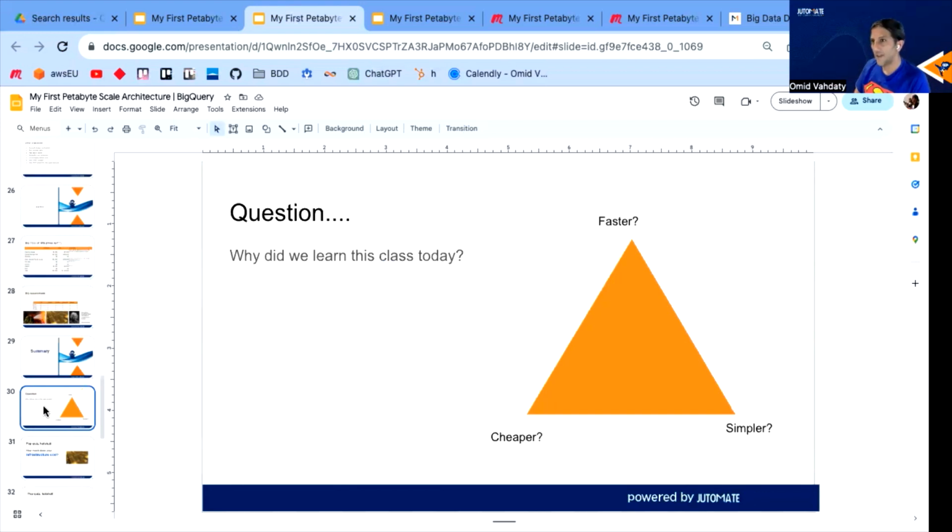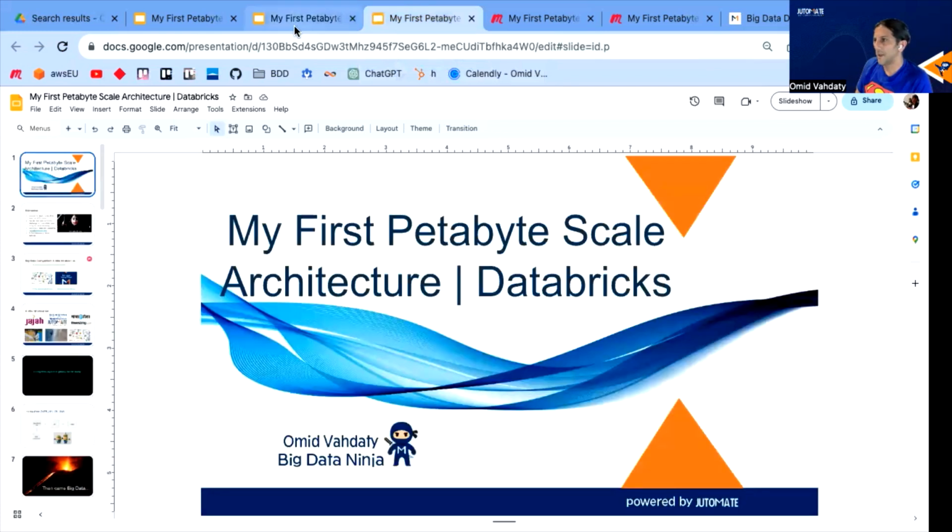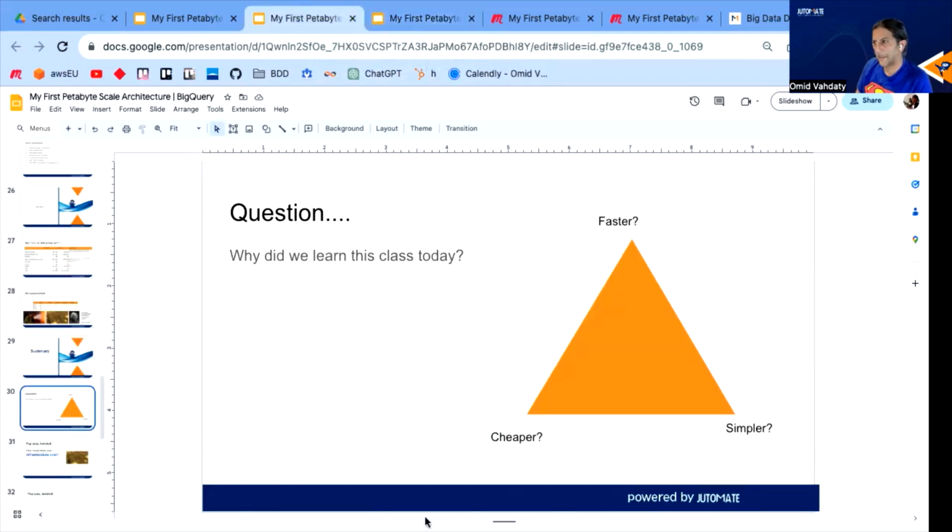Okay, so the next session would be about a different technology, quite similar in terms of framework. It's about Databricks. Again, in terms of summary, all I want to say is that this framework is the framework I use when I evaluate a new technology.